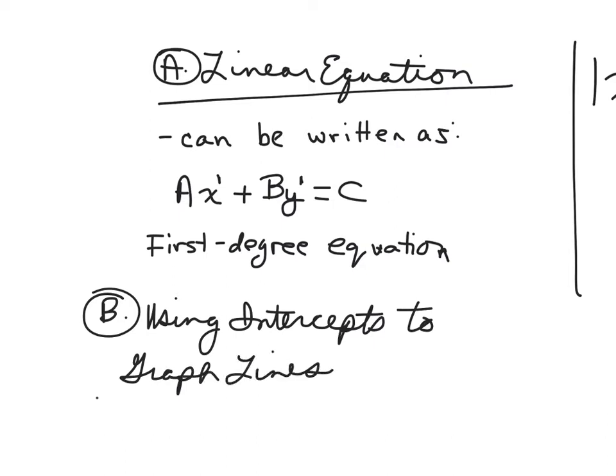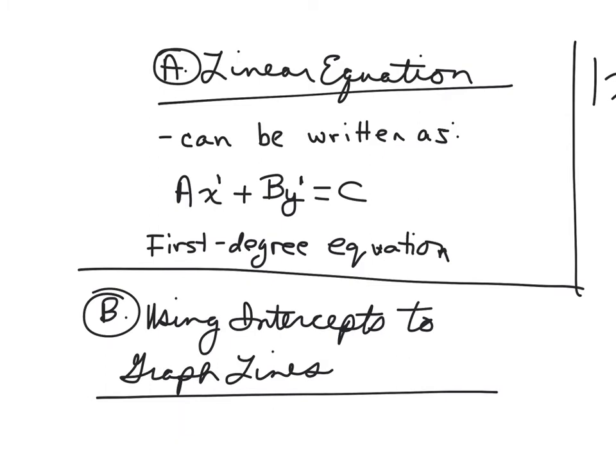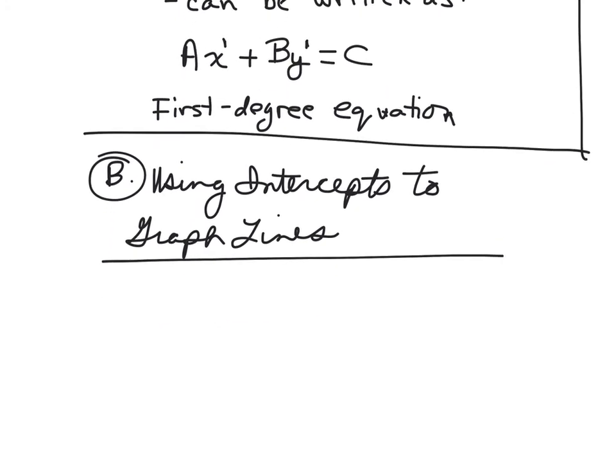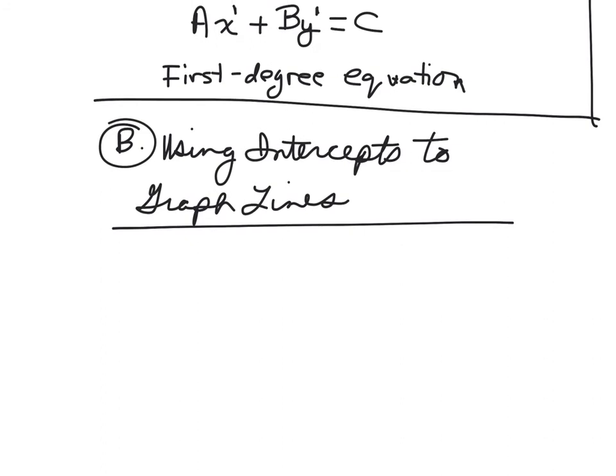My question is posed to Taylor and Michaela. Here's my question. How many points on a line do you have to have before you know what the line looks like? Well, you gave me two different answers, Michaela.